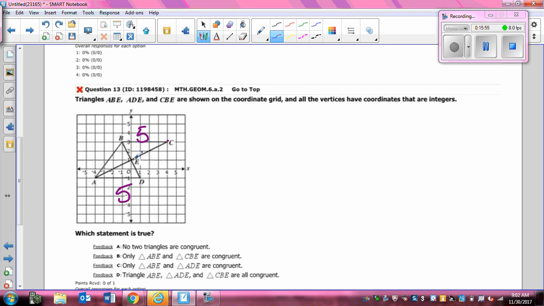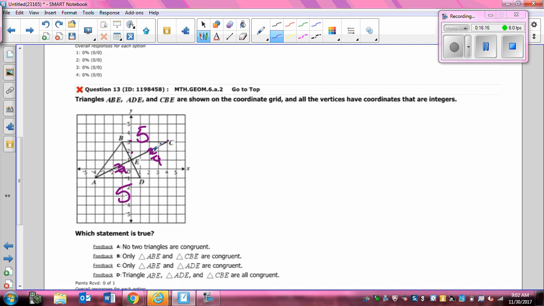We can use the slope from E to C. I'm going to go up 2 and over 1, 2, 3, 4, up 2 over 4. And right here I'm going to go from A to E. I'm going to go up 2, over 1, 2, 3, 4. So these two are also 2 over 4 for both triangles.